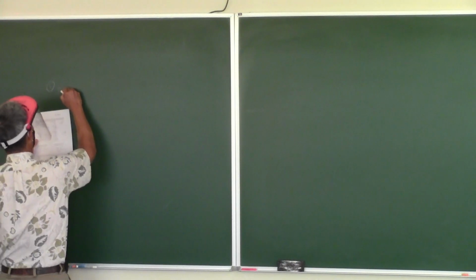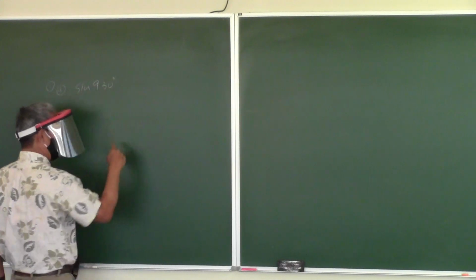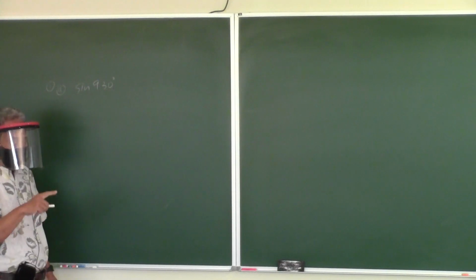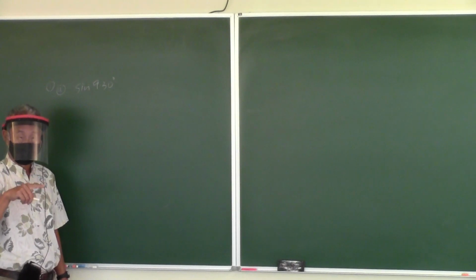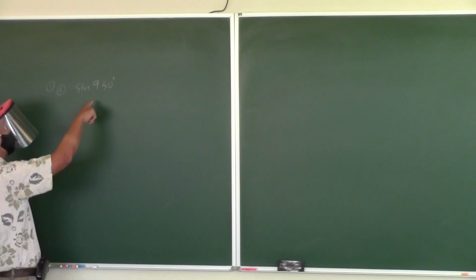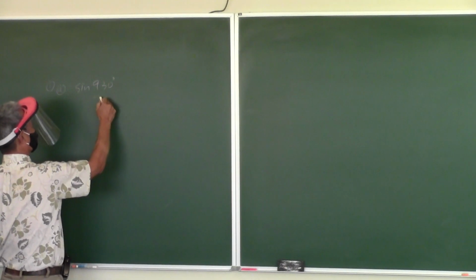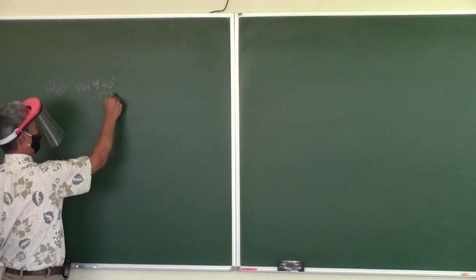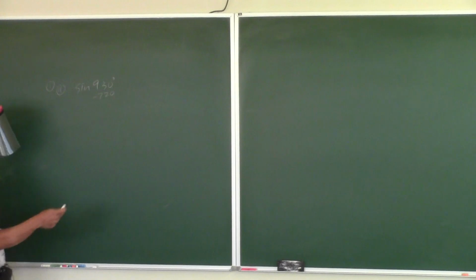So, A, sine of 930 degrees. Now remember, when you work in degrees, if you add or subtract any multiple of 360 degrees, you're gonna be at the same place again, right? So what would be a good multiple of 360 degrees to subtract or add to this? 720, right? Because you want the angle to be between 0 and 360.